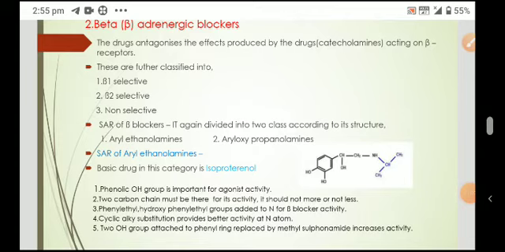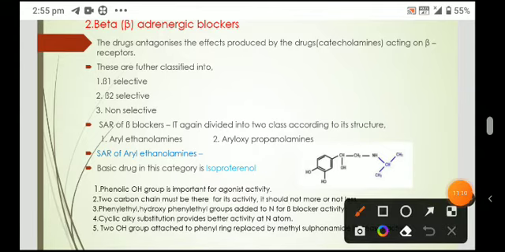Cyclic alkyl substitution provides better activity at the N atom. So here, at this amino group position, when there is a cyclic alkyl substitution, that will provide better activity. And the last one, the two hydroxy groups attached to the phenyl ring.